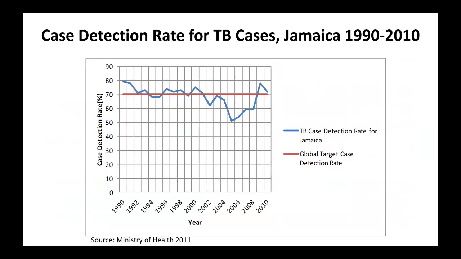So yeah, even then for those years, the TB detection rate was below what the global target would have been. So if you want to err on the side of caution, it could imply that there are even more cases that you're not accounting for. Explain that for me, Danny. Then it goes the other way.